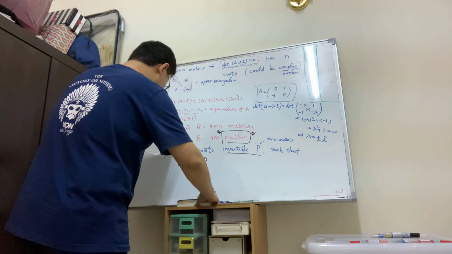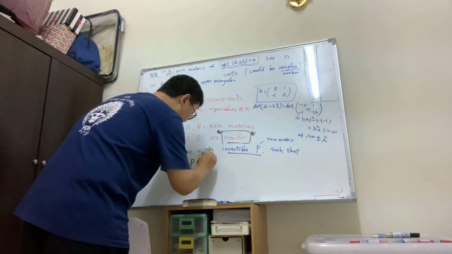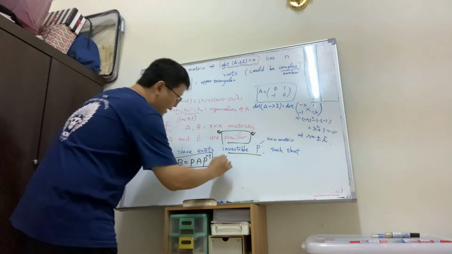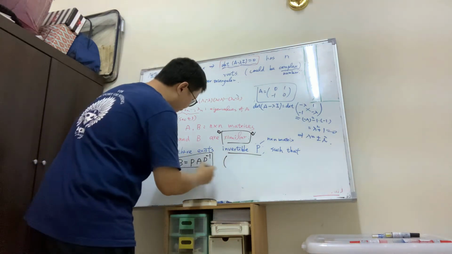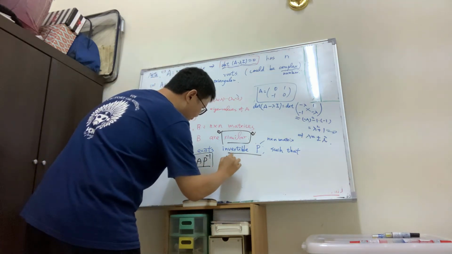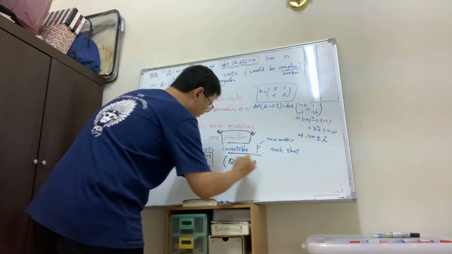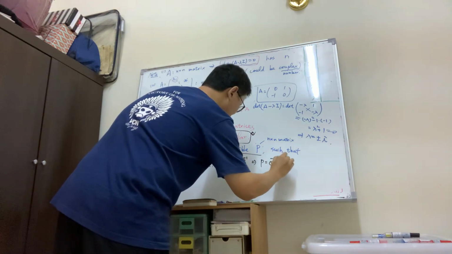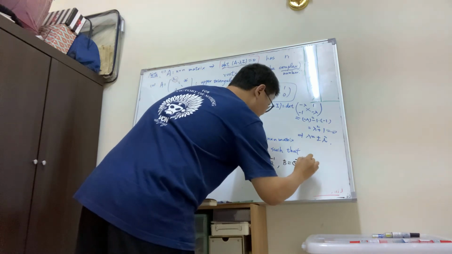Okay, maybe it's the same: B equals PAP inverse. Originally I just wrote it this way. But if you define Q to be P inverse, then P equals Q inverse and B becomes Q inverse AQ, right?